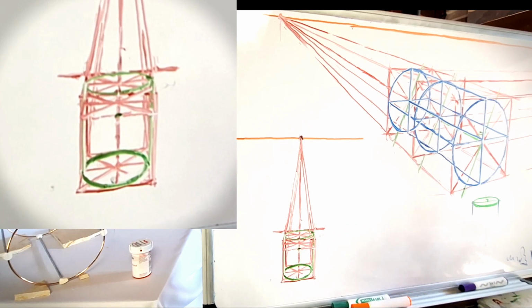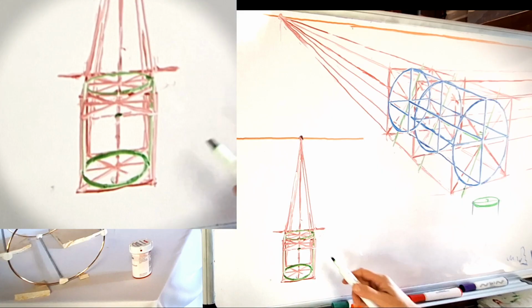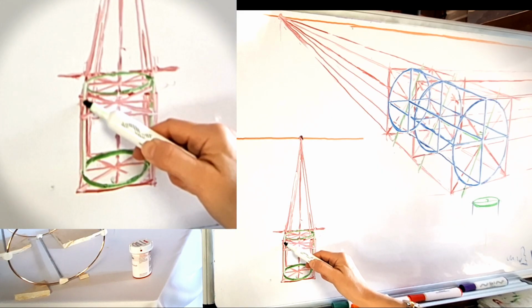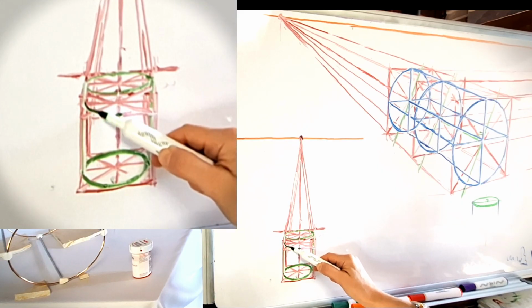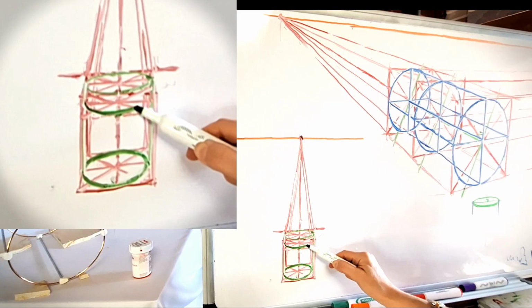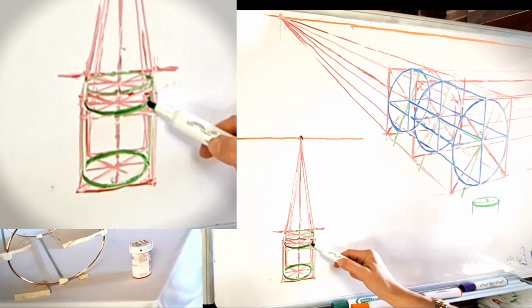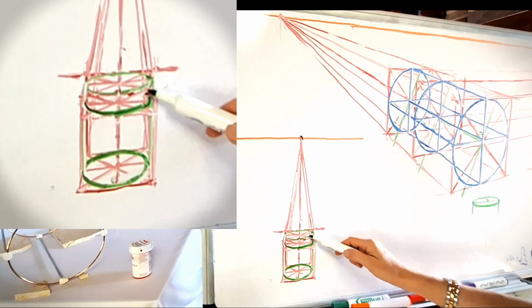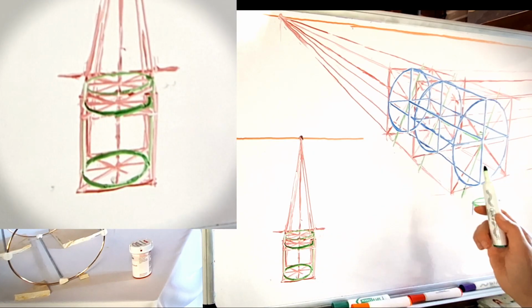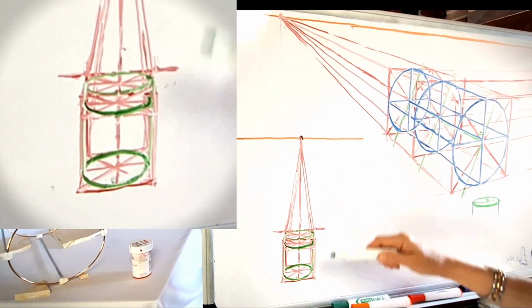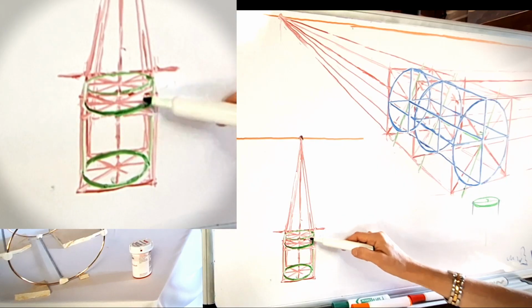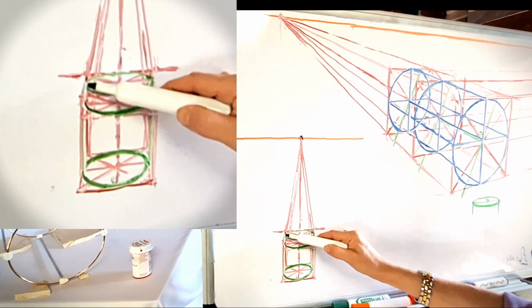All right, now we can construct the front curvature of the pill box lid. I am not going to go in the back. You could if you're doing a nice larger drawing of this. I'm going to end it here so you don't get confused with what you see.